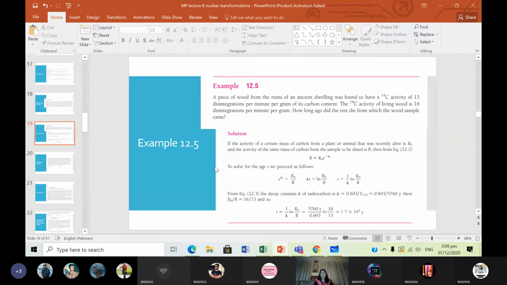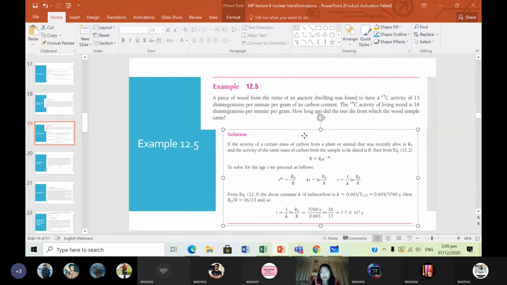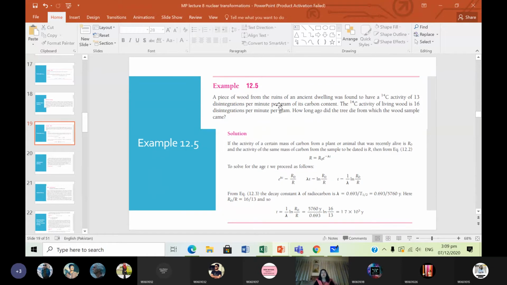Okay? It means that you can use, for example, a piece of wood from the ruins of an ancient dwelling that was found to have a 14C activity of 13 disintegrations per minute per gram of its carbon content. The carbon-14 activity of living wood is 16 disintegrations. If you know the activity of living wood and the 14C activity of 13 disintegrations per minute of the carbon content of the ruins, you can determine how old those ruins were.